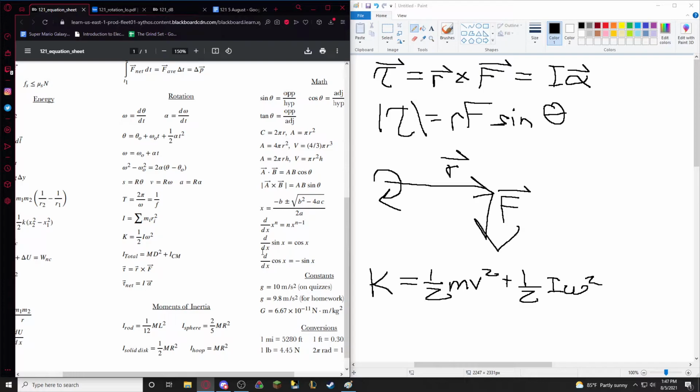Well, the centripetal acceleration is equal to the angular velocity squared times r, but it's also equal to the regular velocity squared over r. So the angular acceleration is v squared over r? Is that what you're saying? Yes.